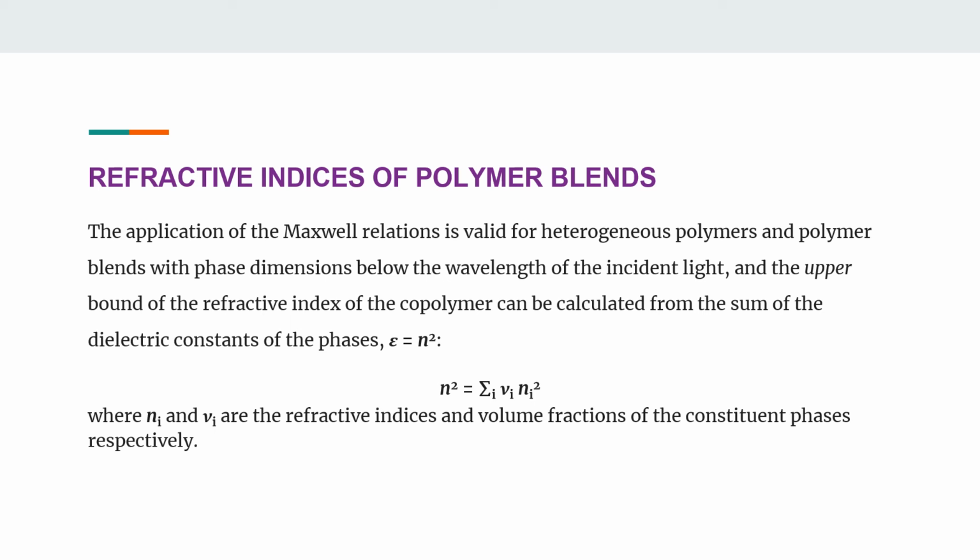And using the additive property, we can express the refractive index in the following equation, where n_i and V_i are the refractive indices and volume fractions of the constituent phases respectively.